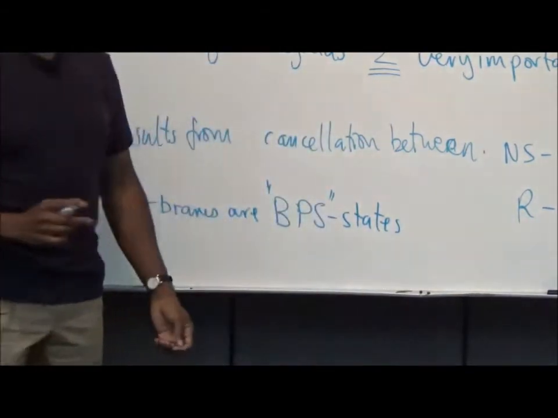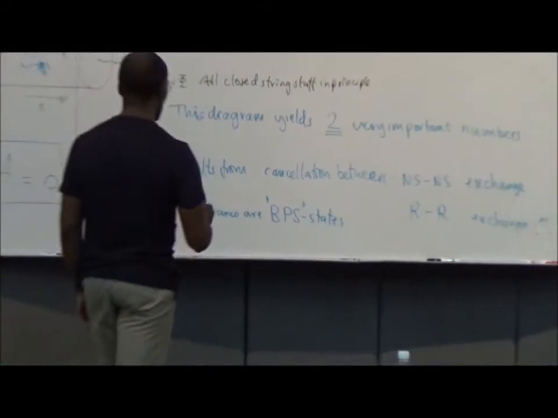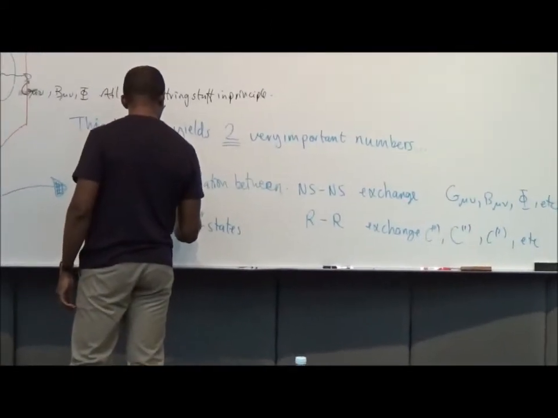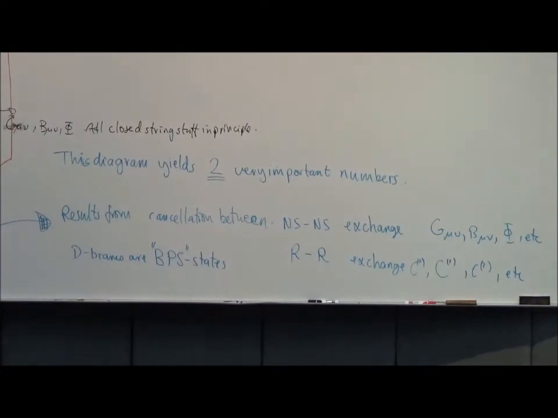So have you met the idea of BPS states before? No? Okay. So I'll say a little bit more about what that means. But from the point of view of what we're doing here, there are a very special sector of the theory that allows you to, if you can compute the BPS spectrum of some theory, is extremely useful because for various reasons it's protected under various deformations that the theory can have.